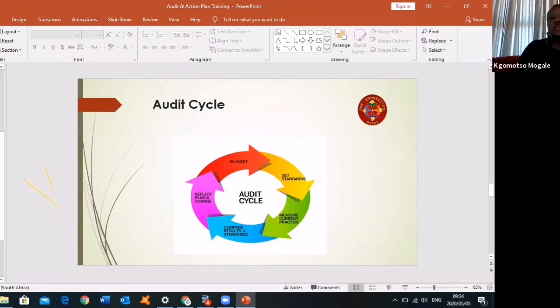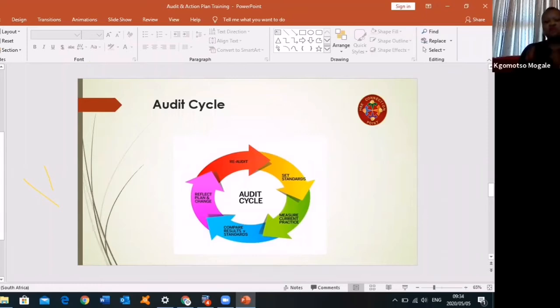We can see maybe this behavior of people working with this machine, or people working near the conveyor belt, they are still continuing to do this thing. So we have identified that during the audit. How are we going to change that? Then we can sit down and have a plan and see how we're going to change the behavior of the employees that are working on the conveyor belt.